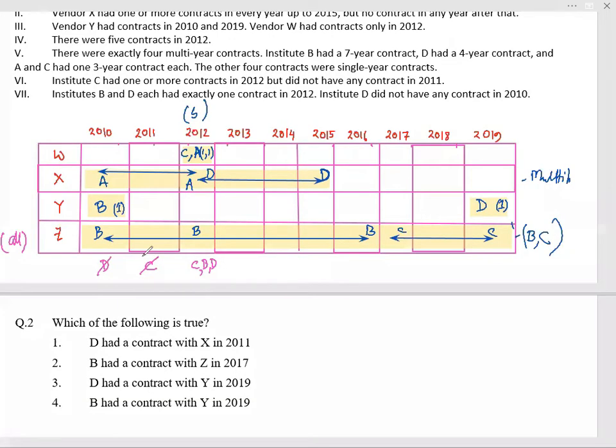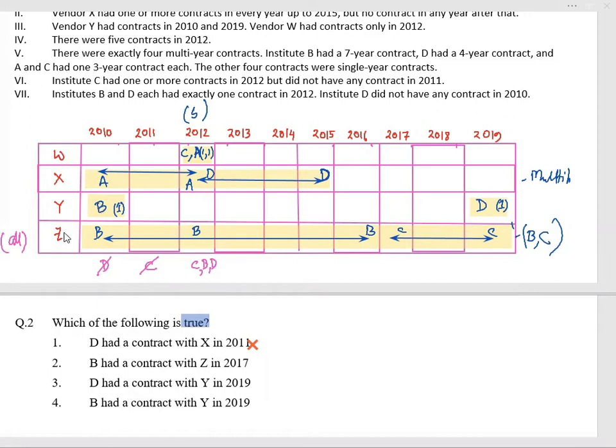Now, second question: which of the following is true? D had a contract with X in 2011. No, it is not true. B had a contract with Z in 17.